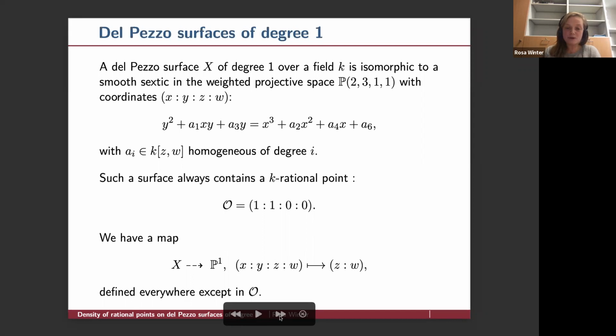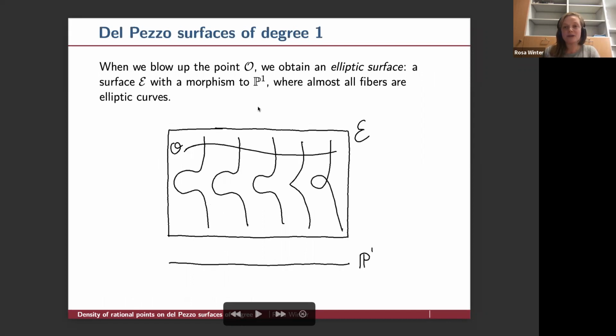But of course, we can blow up this point, and then we obtain an elliptic surface above my Del Pezzo surface. So I blow up the Del Pezzo surface in a point, and I get this elliptic surface, which is a surface with a morphism to P1, where almost all fibers are elliptic curves. And we have here already one section on the surface given by the point that I blew up, which is now an exceptional curve.